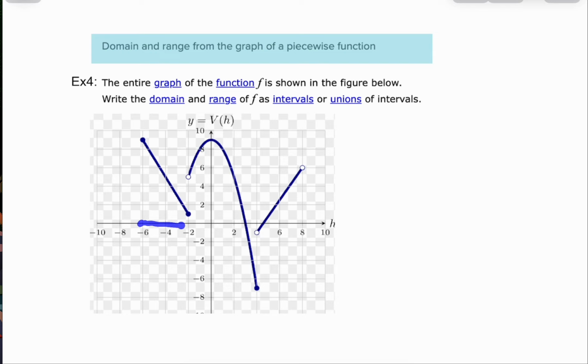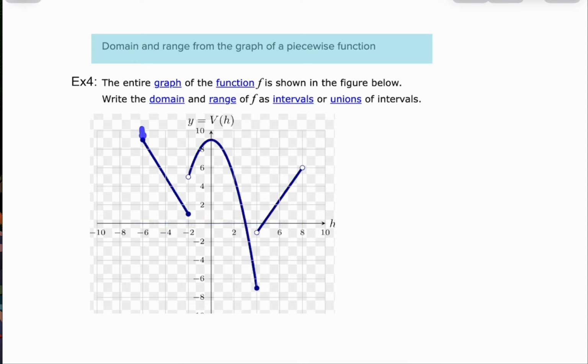Now, our x values keep going to here, but there's a connection where wherever we left off at -2, this piece keeps on going. So that piece keeps on going to here. And then this piece takes over. So then we have to here, okay?